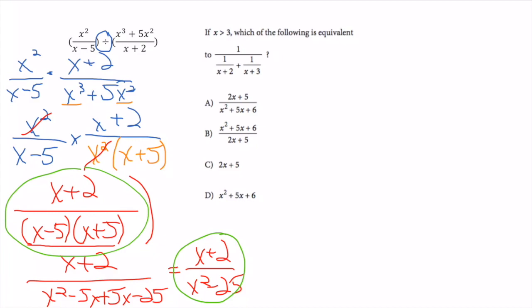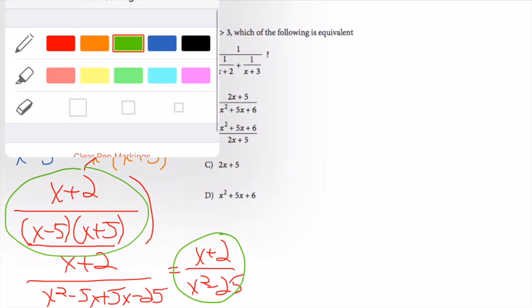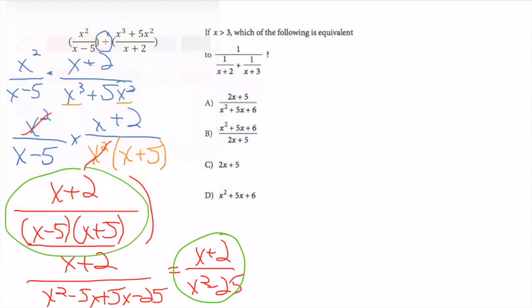Now, this next example looks like a lot of work. But really, the first thing I'm going to do is just worry about the bottom here. This is the addition of two rational expressions, so again I need to find a common denominator.